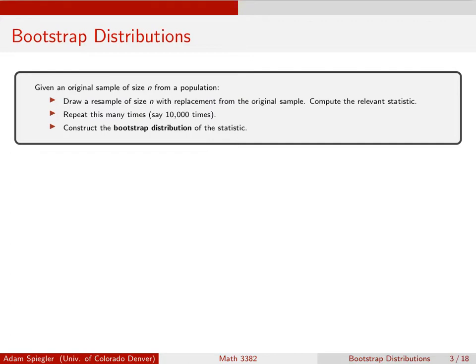It's very similar to what we do with the sampling distribution. Instead of picking a bunch of random samples from the population, we're now picking a bunch of bootstrap resamples from our original sample. So let's look at an example to get a sense of what bootstrap samples might look like before we jump back into the example with the births.